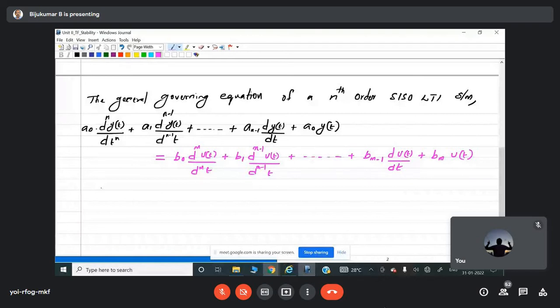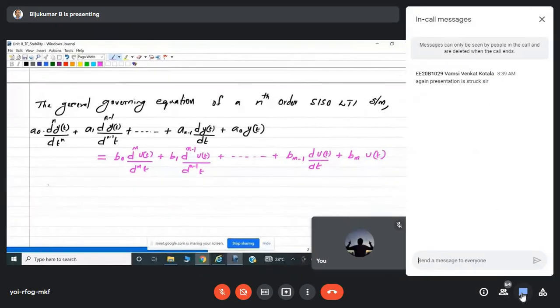So this will be the generalized transfer function for an nth order system.